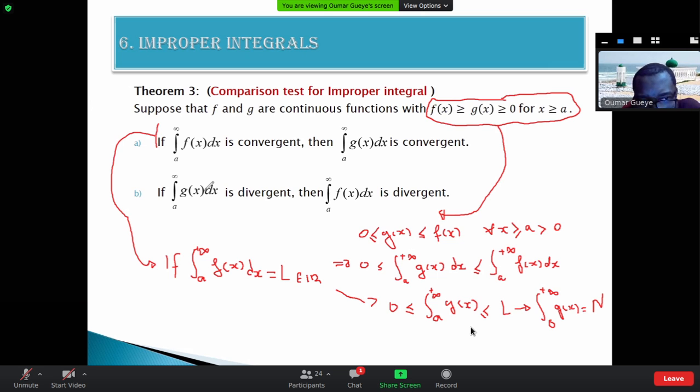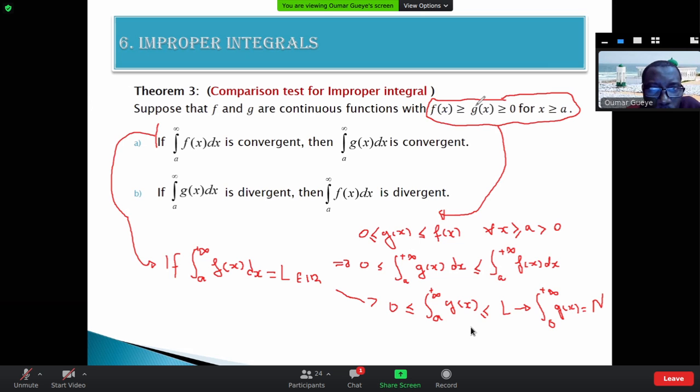And we'll see later how to apply this. If you have a very complicated integral that you cannot calculate, as soon as you find a function which is greater than that one, for which the integral is convergent, it means your integral is also convergent. This is how to use it. I repeat again. Suppose you have the integral of g, sorry, which is complicated.